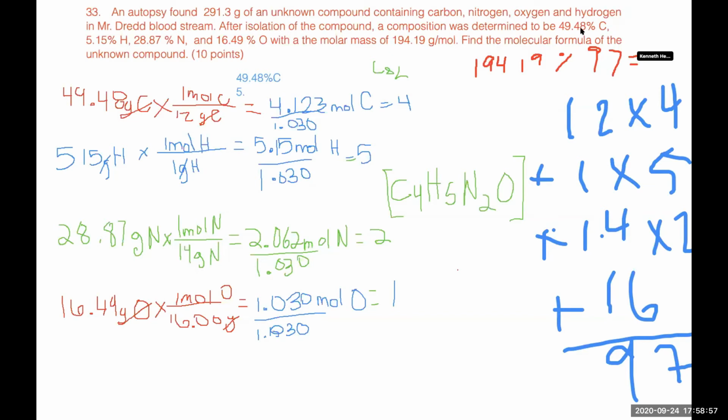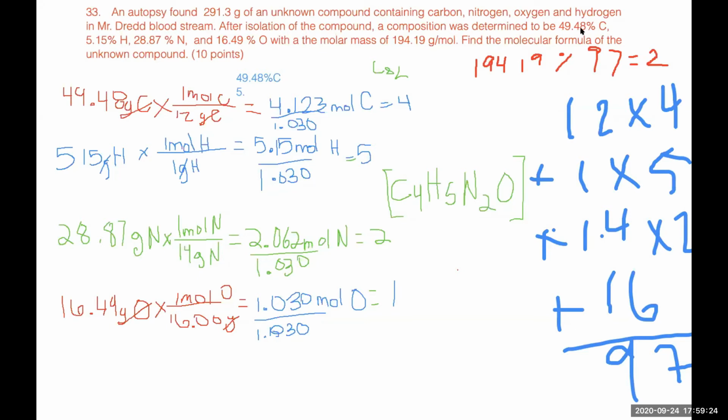Oh, I did it backwards. My bad. That's all right. So that's going to end up being 2.00. Oh, so 2. Okay, so what do I do with that 2? I'm pretty sure you're going to multiply it by every single element.